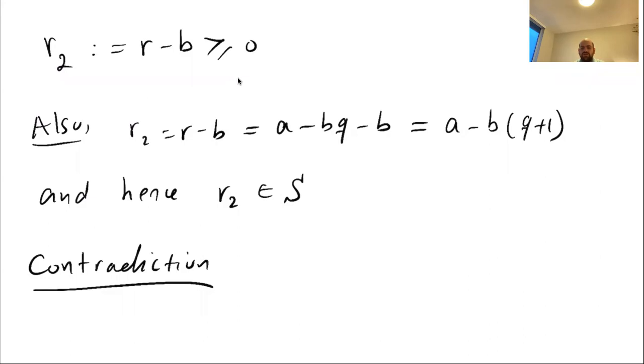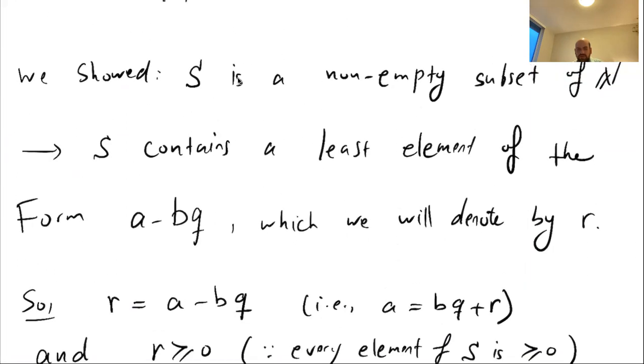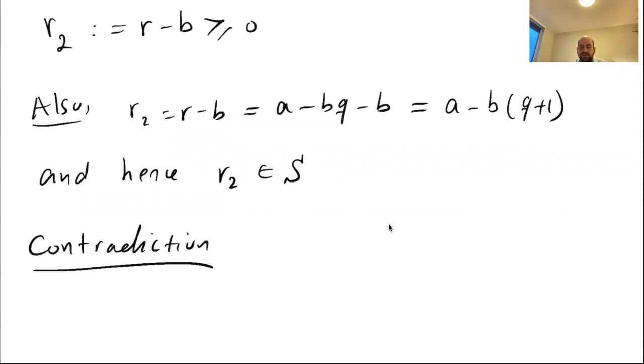R2 belongs to S is a contradiction because R was supposed to be the least element of S. Here I said S contains the least element of this form, which we denote by R. So R was supposed to be the smallest element of S. But look at R2. R2 is R minus B, which is less than R. So how is it possible that R is the smallest element of S, but some element less than R also belongs to S?